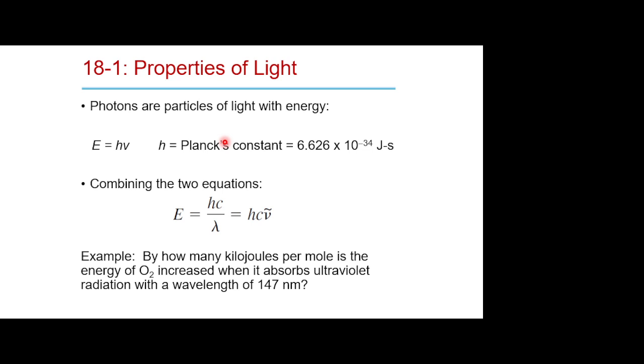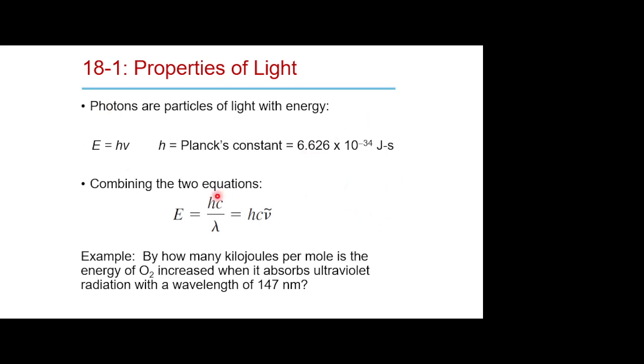If I have the constant here, how do I get joules, energy, out of that? Multiply it by 1 over seconds, or divide it by seconds. What number do I know that's 1 over seconds? Frequency. So I can derive this equation from this constant almost immediately, if I ever forget or don't understand what I'm looking at.